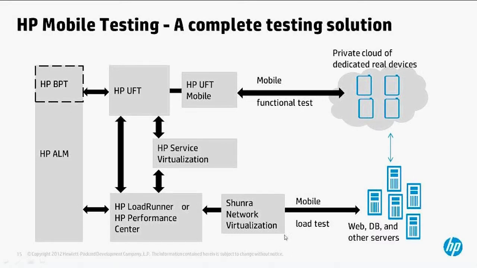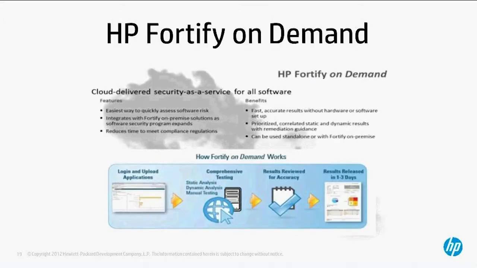And then last but not least, I can test the network and what it would look like in terms of performance across a 3G or 4G network. So you can see here the full complete testing solution that you can get by tapping into the HP products. This will really assist in those two key areas we talked about before, making sure that you have a solution that's easy to use and high quality, as well as one that functions very well in terms of performance.